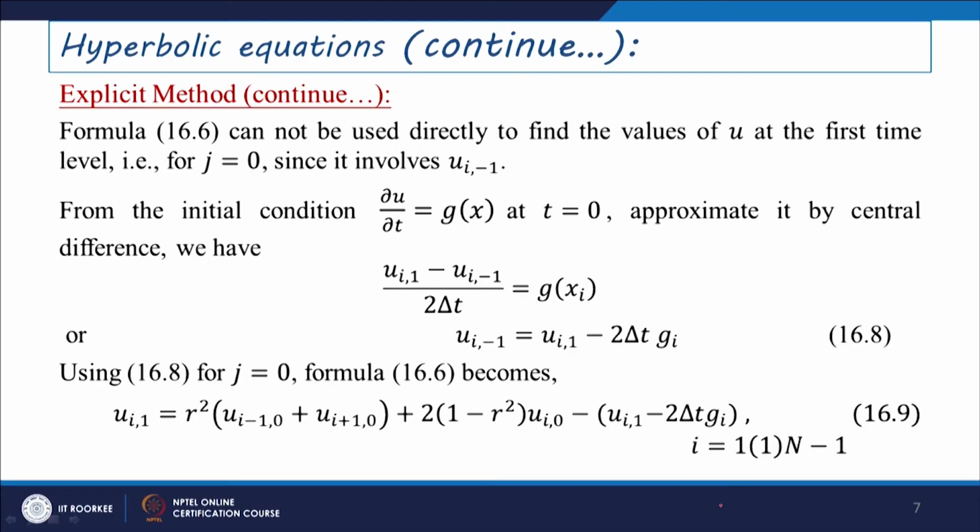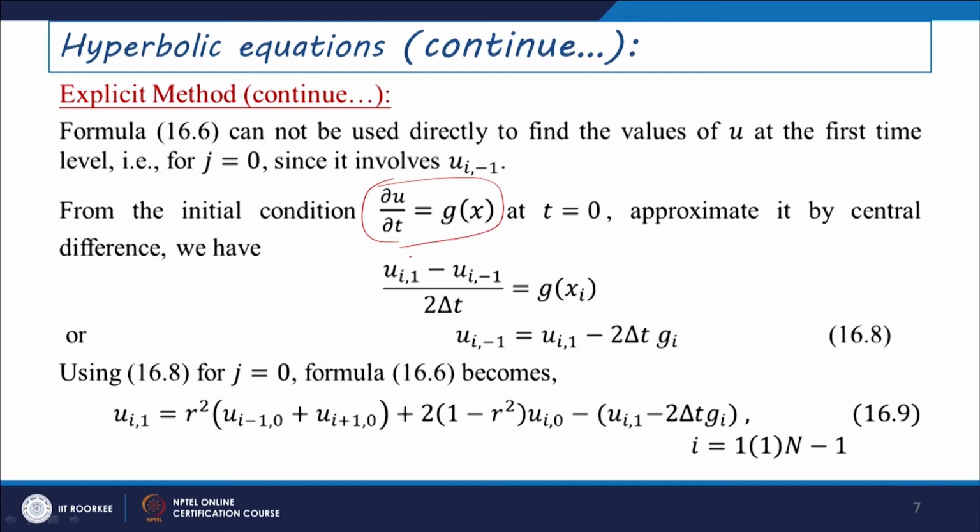So, this can be used directly to find the values of u at the first time level, for j equals 0, since it involves the term u_{i,-1} from the initial condition, that is in the form of ∂u/∂t equals g(x) at t equals 0.